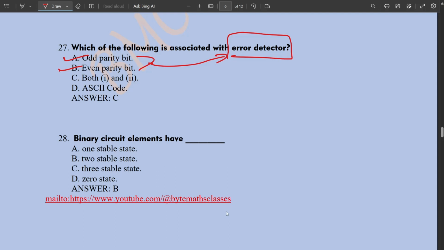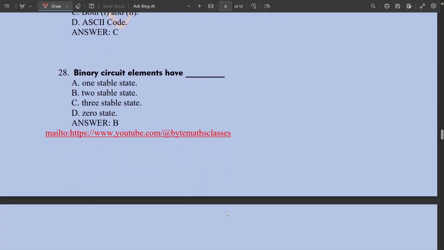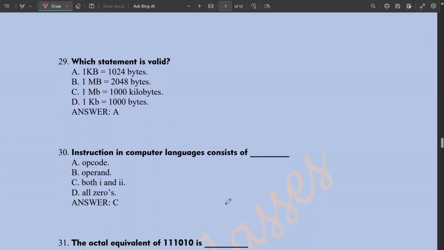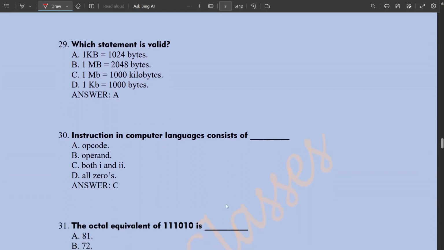Next, binary circuit elements have two stable states, 0 and 1. Next, which statement is valid? You know, 1 KB is 1024 bytes. We all know that 1 byte has 8 bits. 1 kilobyte is equal to 1024 bytes.